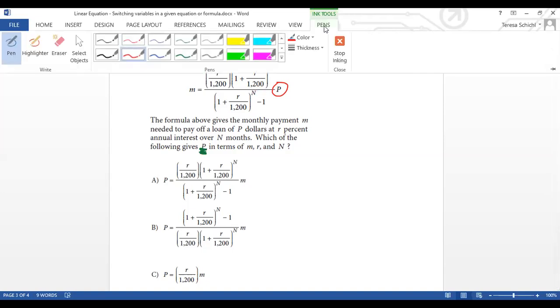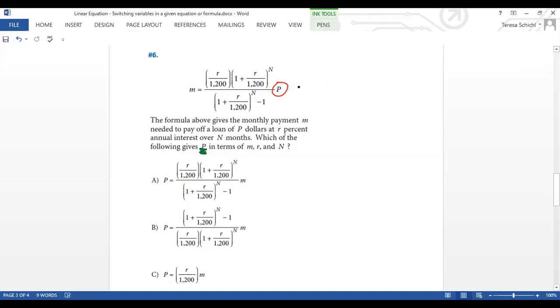I know what to do. For example, if you have 4/3 P, how do you get rid of the fraction? You just times the 3/4, the reciprocal. Then you can cancel that out.